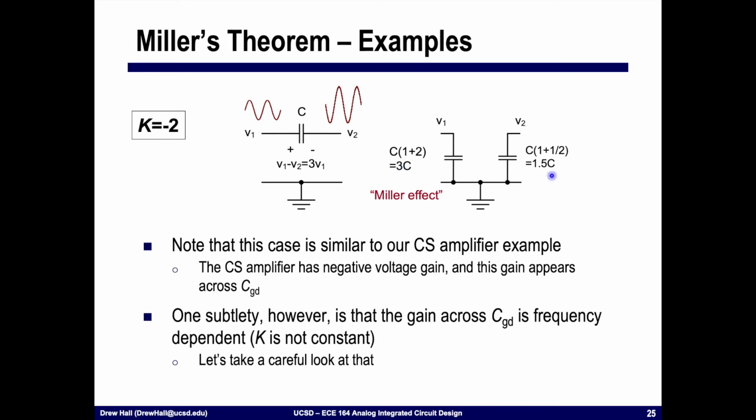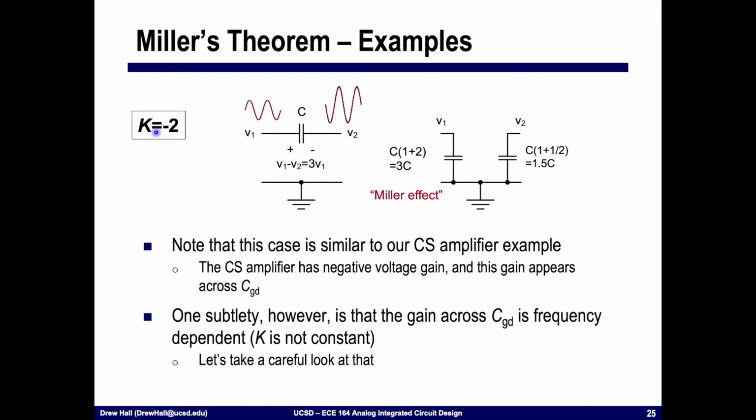At the output, similar story, although to a lesser degree, because of how it works here. When I wiggle this, the input is wiggling, albeit less, and importantly, again, the phase is 180 degrees out of phase, and so I end up with 1.5 times C. So this is exactly what we have in our common source amplifier.